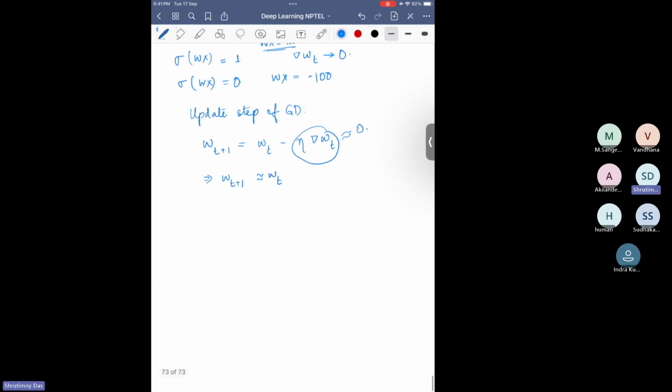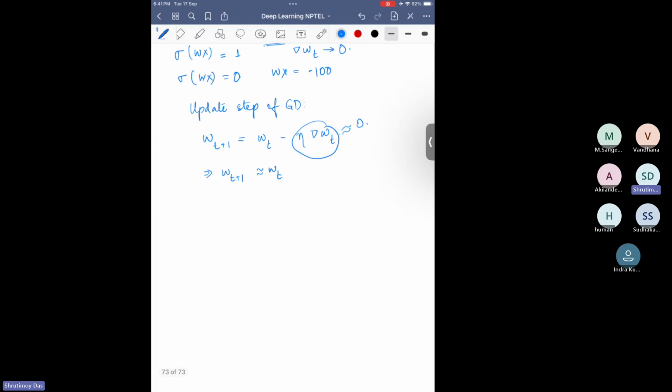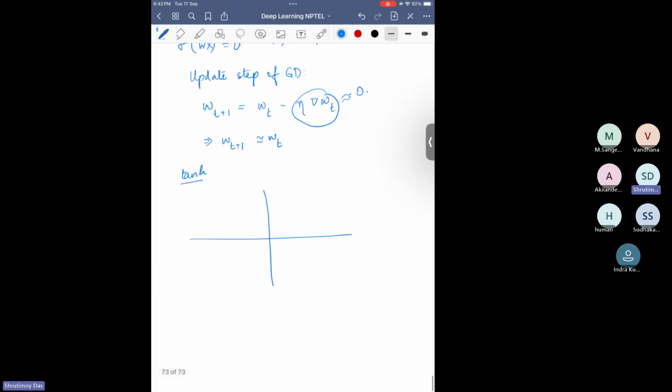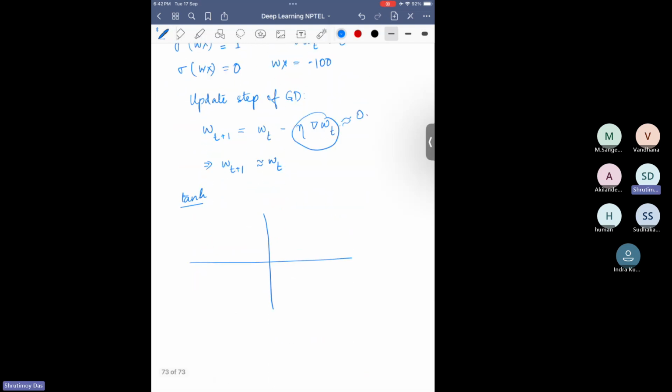Another nonlinearity that we had was the tanh function, right? The tanh function is the same as the sigmoid function, but the range is a bit different. Your sigmoid function was between 0 and 1, and this range is between -1 and 1. So we have 1 here, and -1 here, and it is something like this.